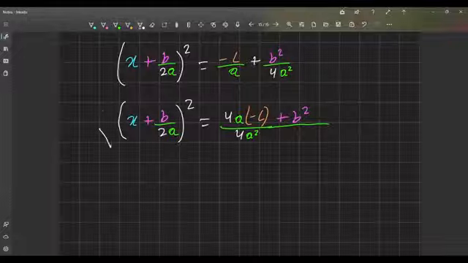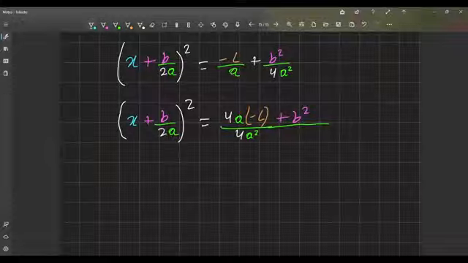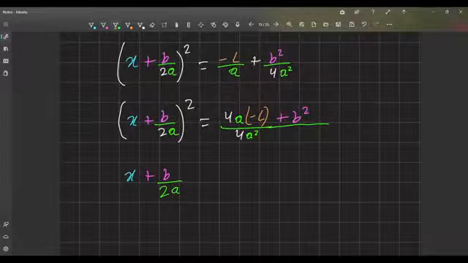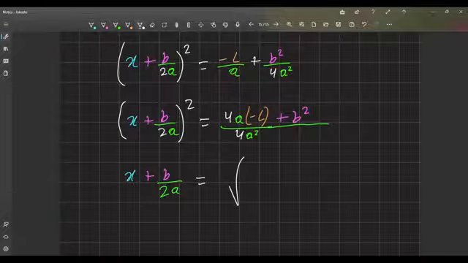In the next part, I'll take the under root of both sides. So I'll just directly take the under root on both hand sides. What that would give me is x plus b over 2a is equal to under root. I'll rather write down this as well.